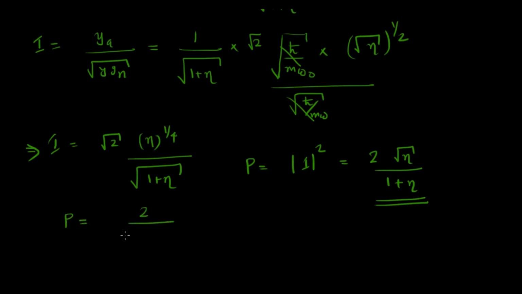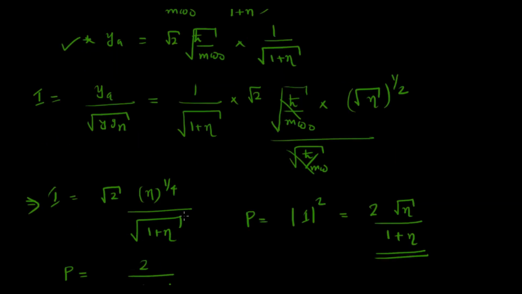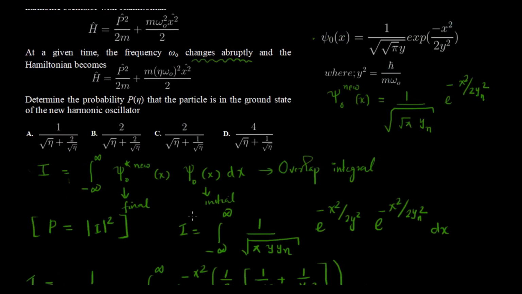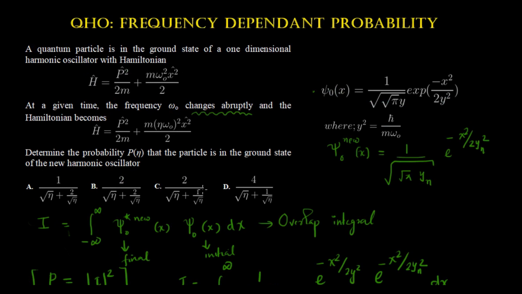It's 2 divided by square root of eta plus 1 over square root of eta. So this is how you find the probability for a system where the system changes abruptly. So option C is the correct answer if you're doing it by the straightforward normal way, because sometimes this can be asked as a numerical question also. That's why I did it like this.